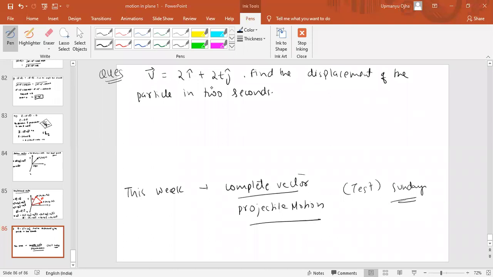It is 2t j cap. Don't confuse here. t is the time here.